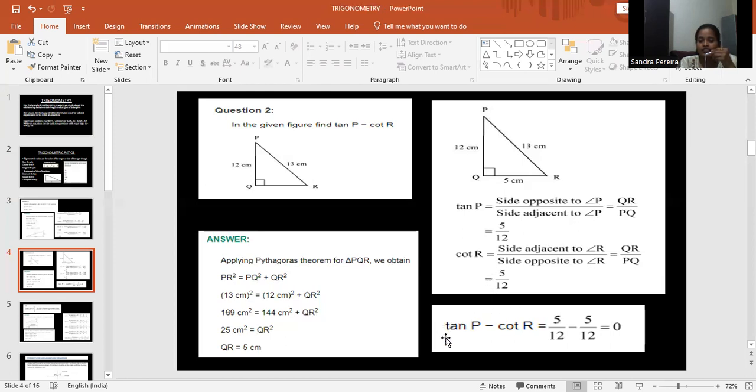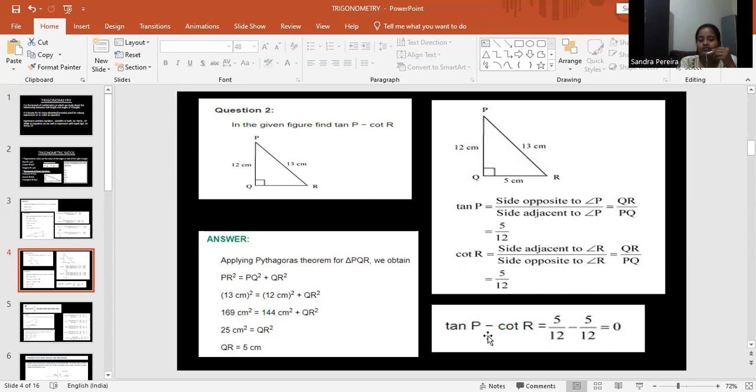Now, using this expression, tan P minus cot R, we put the value of this tan P and cot R. After subtraction, these are the same terms, so we got the value 0. This is the way of solving.